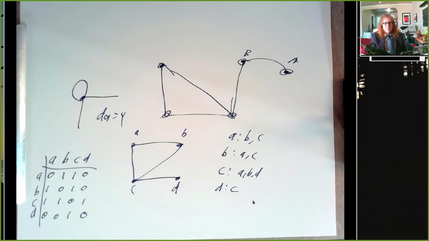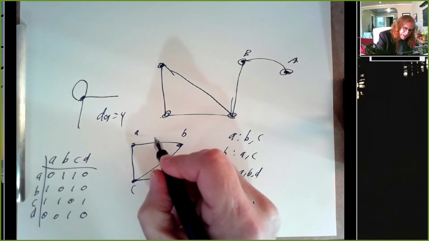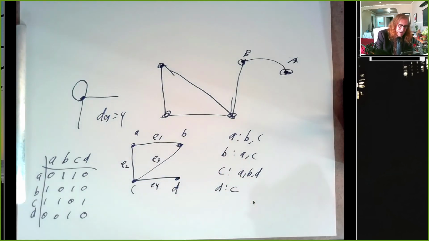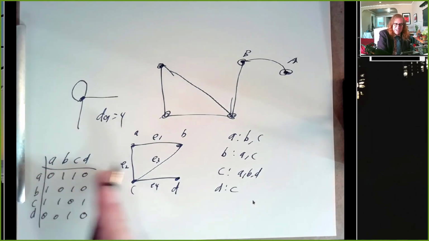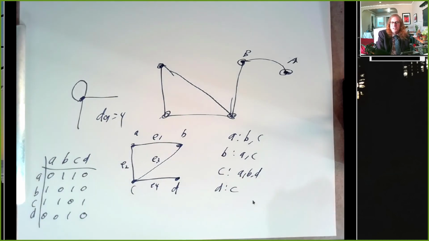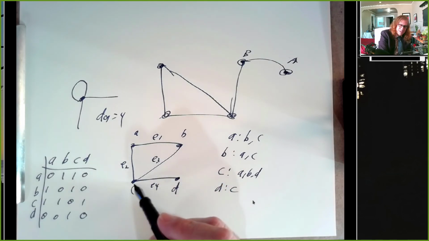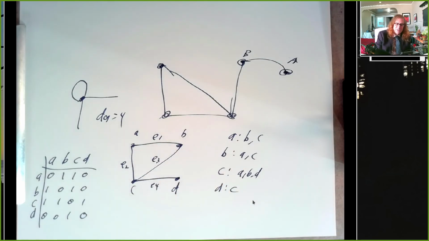An incidence matrix, we have to label the edges, E1, E2, E3, E4, and then we would have a matrix with vertices on one side and edges on the other, and we would indicate whether each edge was incident with a vertex. So E1 is incident to A and B, E3 is incident to B and C, E2, A and C, and so on.